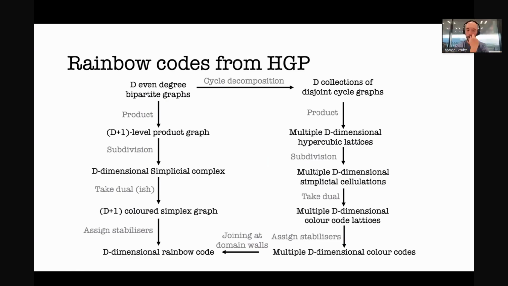Yeah, sorry. I'm saying that if I'm constructing them this way, where my inputs are all even degree graphs, and then I take the hypergraph product and do all this stuff, then this is equivalent to just gluing together some color codes. Mhm. But you could define rainbow codes that are not this. Wonderful.